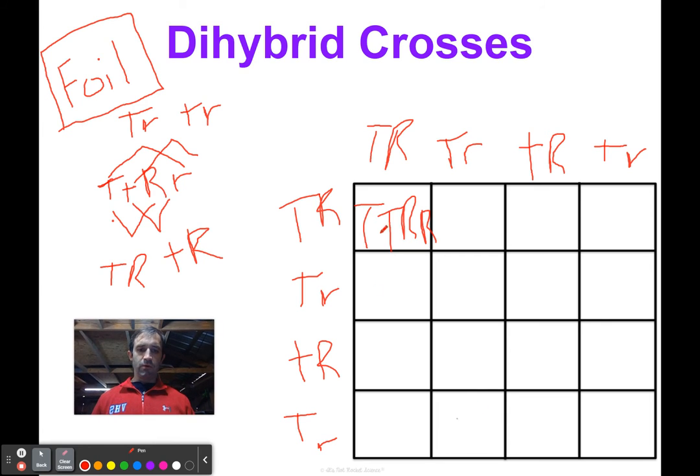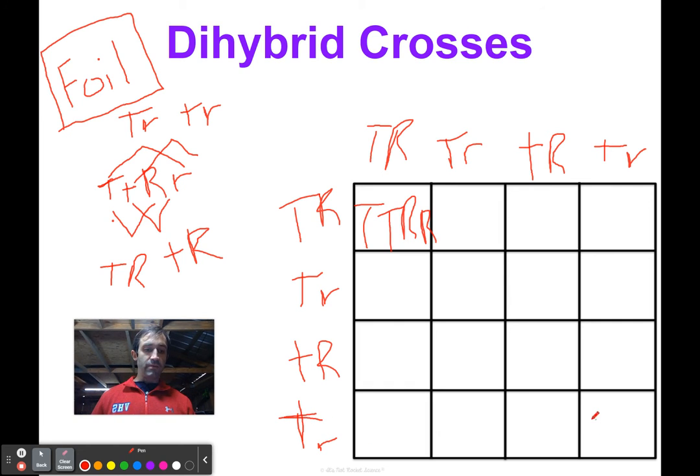Let me do one here. Let's do the last one. How about, what would it be here? This one here. This one, that's supposed to be a little t, right? Because I went big T, big R, big T, little t, big R. Yes. Let's see, I'm confused myself. That's a little t, little r. Okay.